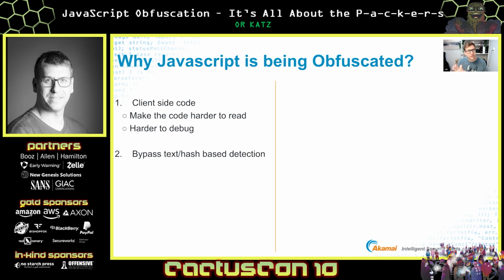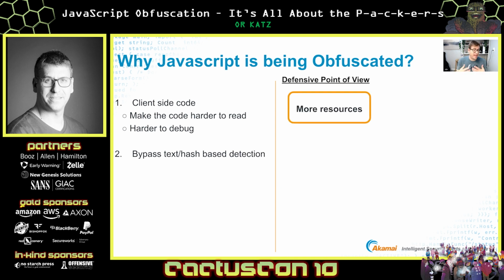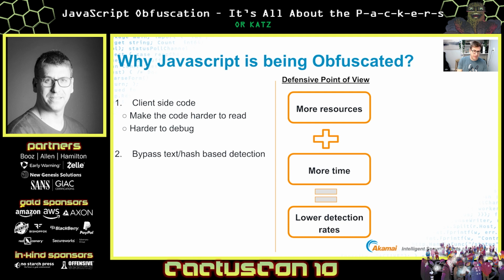Now, there is a different translation for that, in my mind, of the relationship between defenders and adversaries. From a defensive point of view, you need more resources to go over some files and try to figure out what really happens in them because they were obfuscated, and that might result in more time. Once those two conditions are met, the chances are that you will have lower detection because you need to work harder to do that.